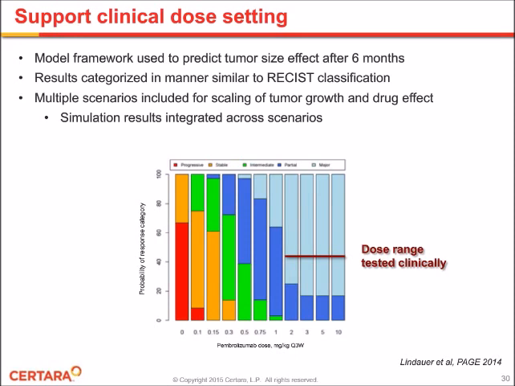What the simulation showed, and you can see here, red would imply progressive disease, so essentially no treatment effect, stable disease, whereby the tumor size remains approximately stable, an intermediate effect, a partial effect, and a major effect, which is close to what's otherwise called a partial response or complete response.